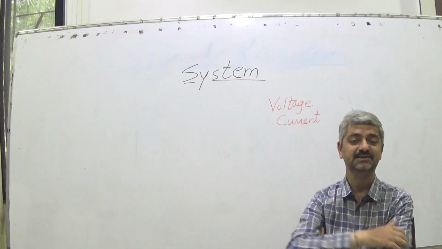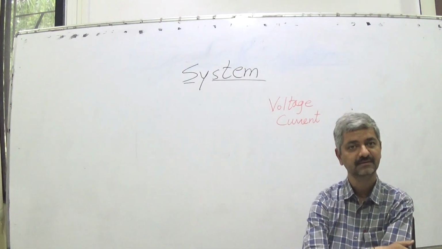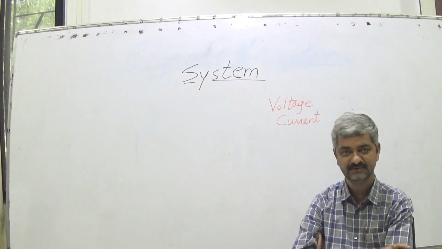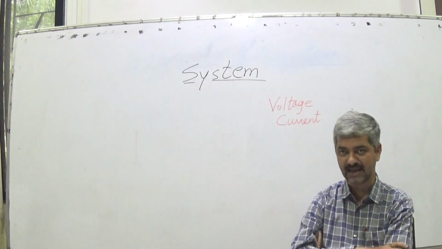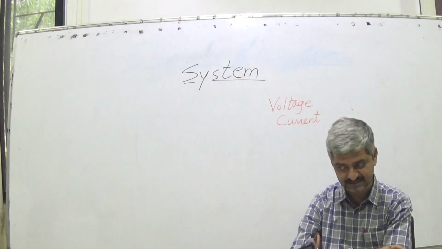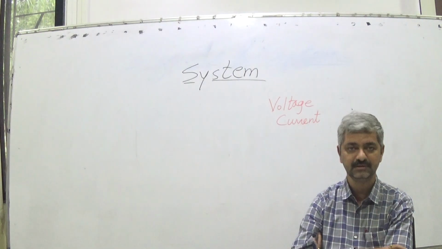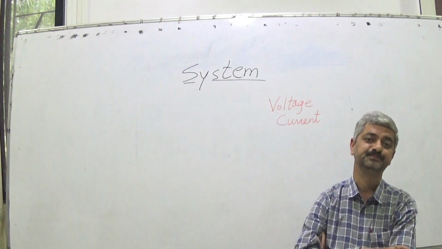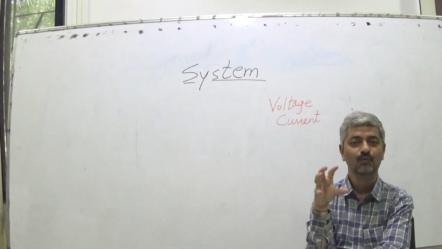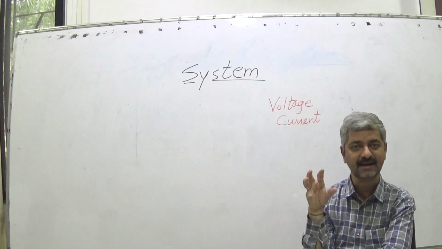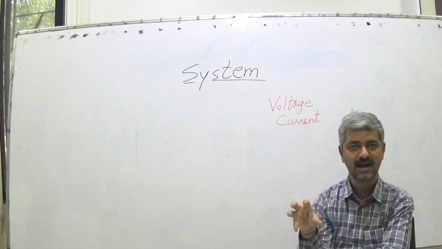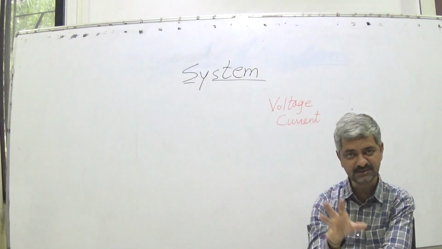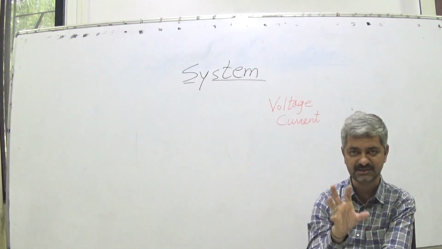A system is some arrangement of physical entities, say tank, valve, and so on, in which one signal acts as input and the system delivers another signal which is an output.